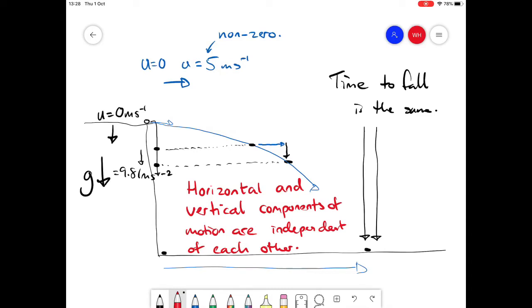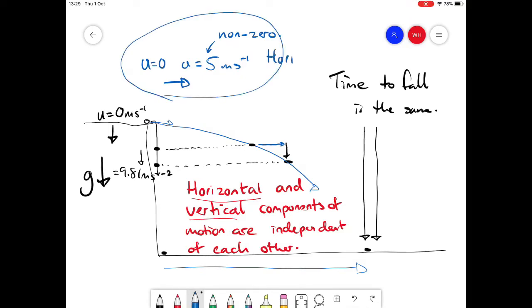So whatever you do to the horizontal, it has no effect on the vertical and vice versa. So this change, where I've been doing it in blue, is all about the horizontal. It has no effect on the vertical here. Yeah? And so all we need to be able to do is process them separately.